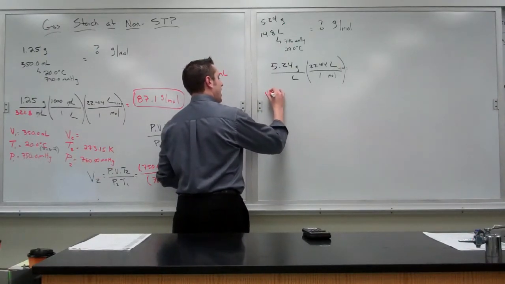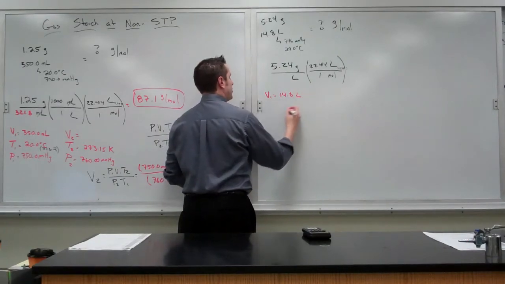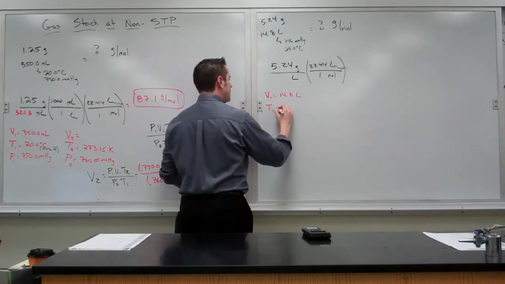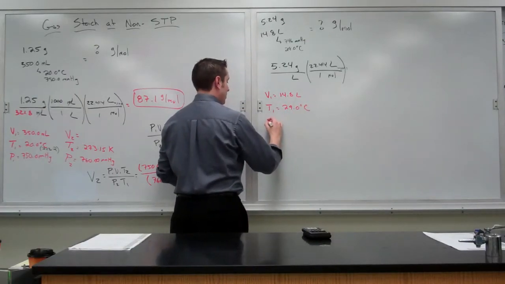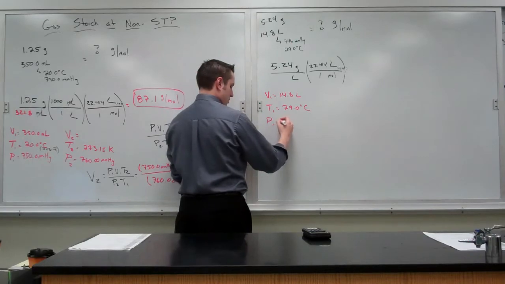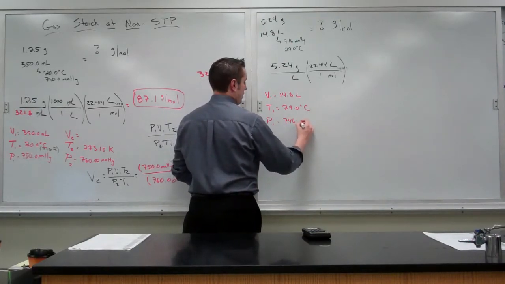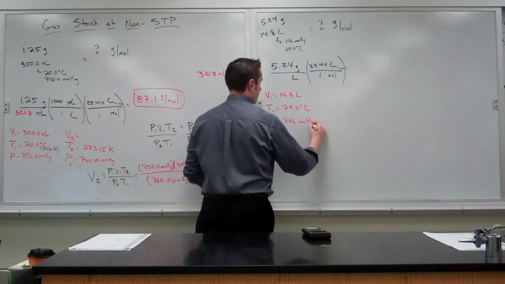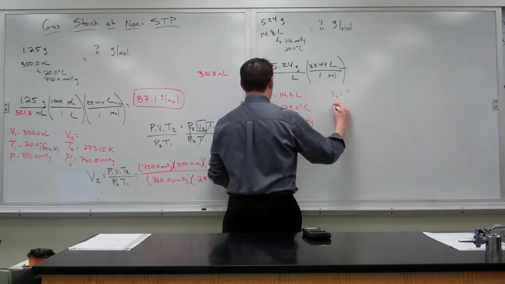Listing our conditions again, V1 would be 14.8 liters, T1, 29.0 degrees Celsius, P1, 746 mmHg. V2 is what I'm looking for.